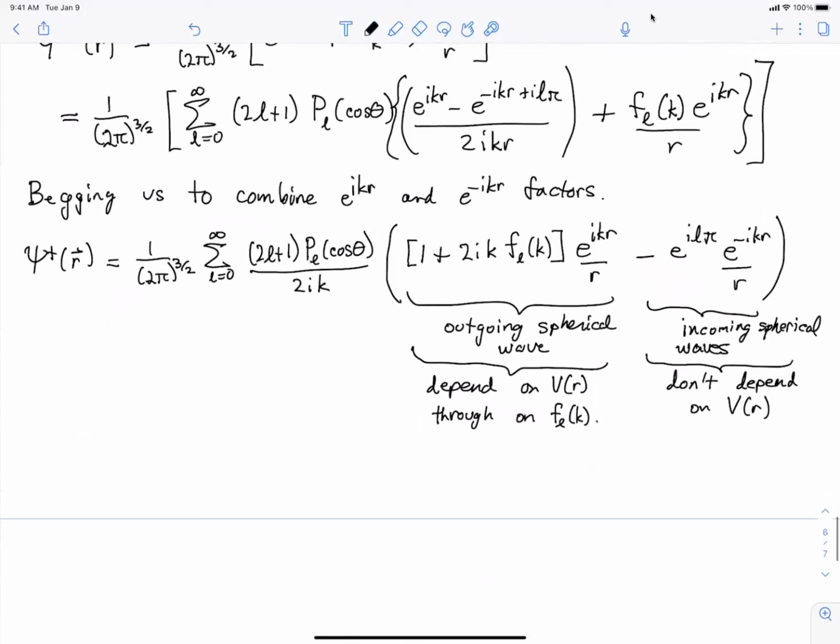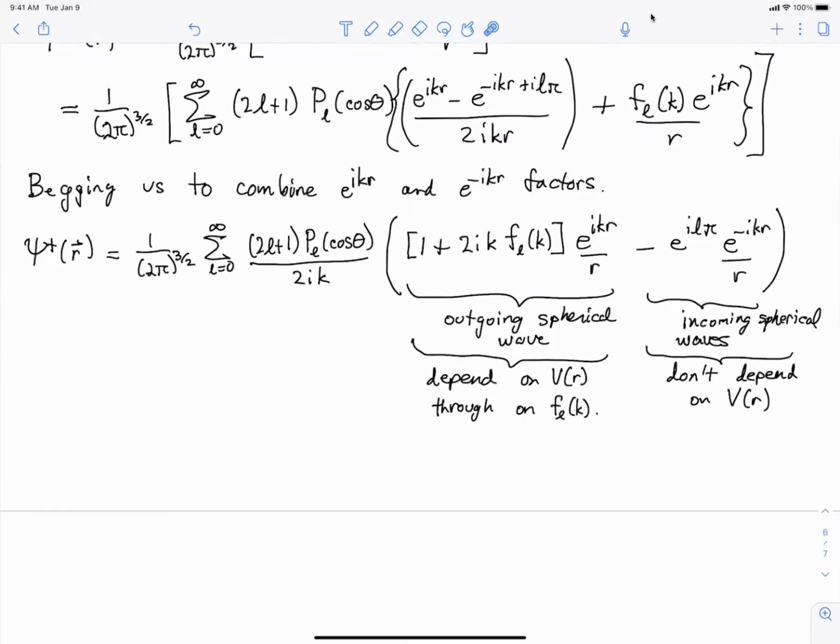But the outgoing spherical wave does have two parts to it. There's this part, which is really from the initial beam, and then this part, which is from the scattering. Okay, so far all we've really done is sort of rewrite the general form for our scattering wave function.